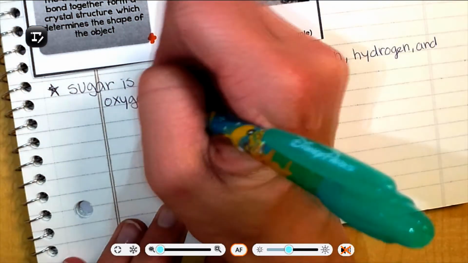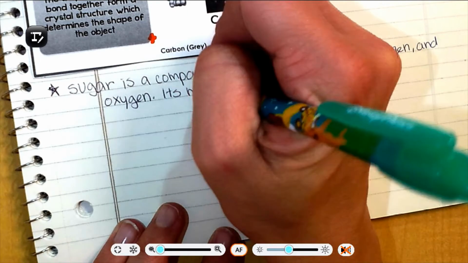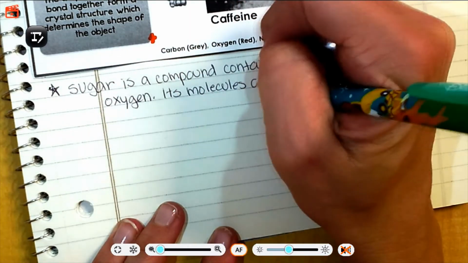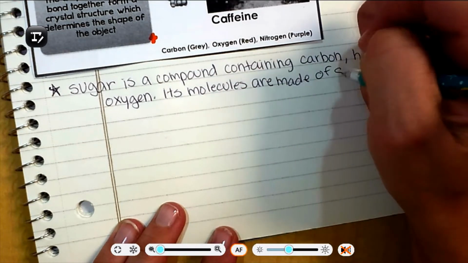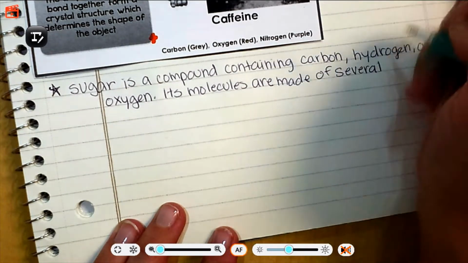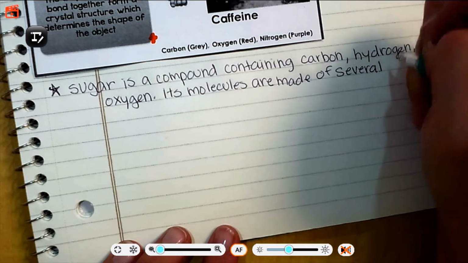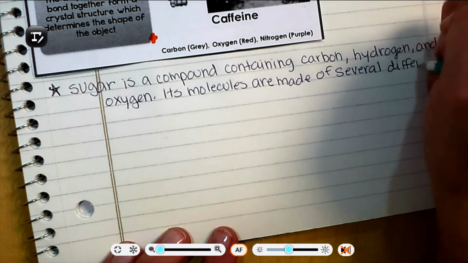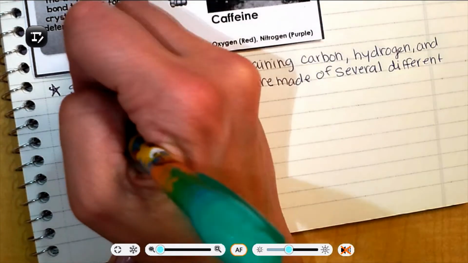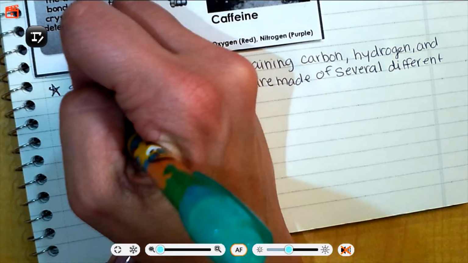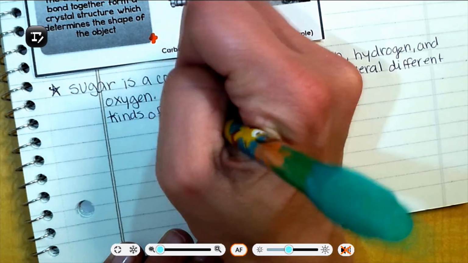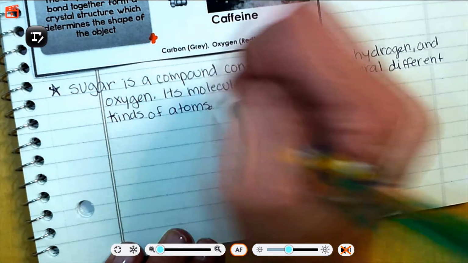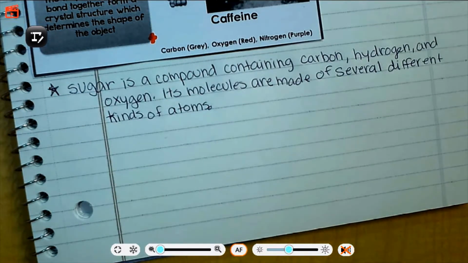Its molecules are made of several, that means more than one, different kinds of atoms. That's what makes it a compound, since it has these three different elements, these three different atoms in it. That's what makes it a compound.